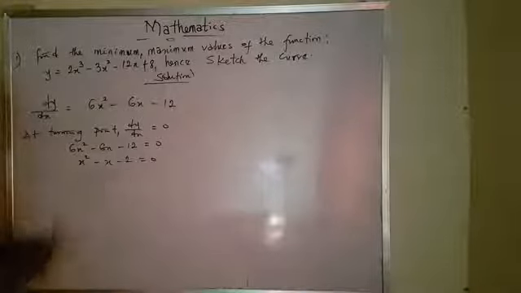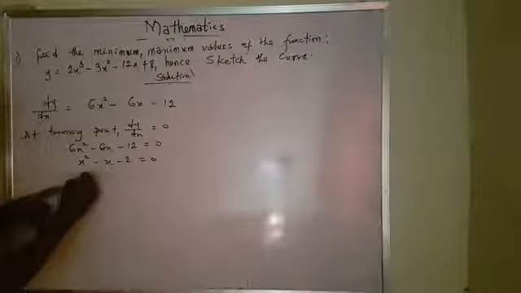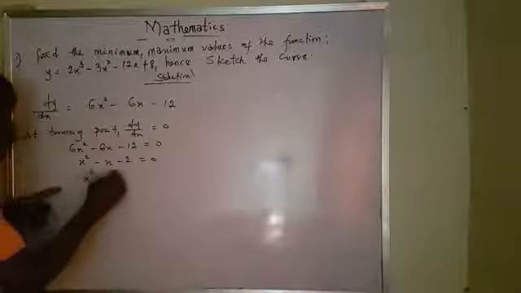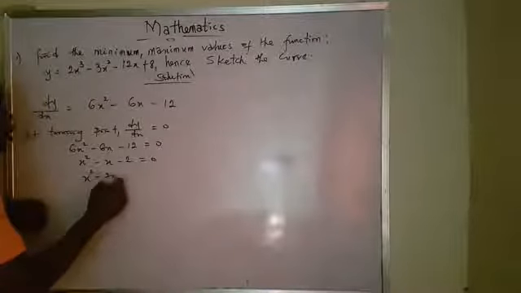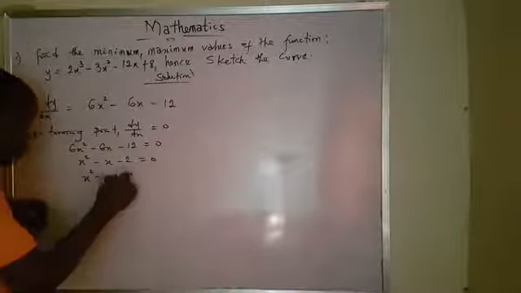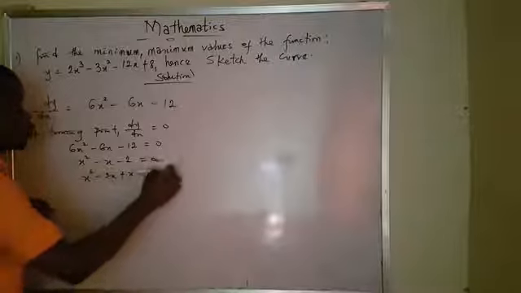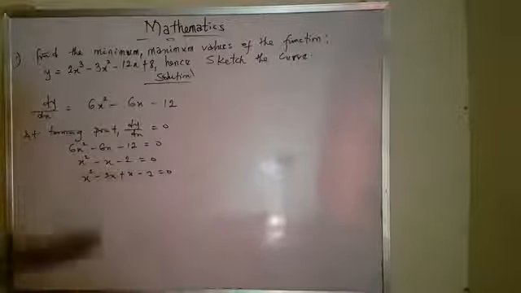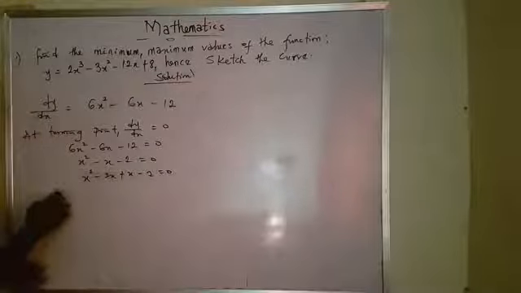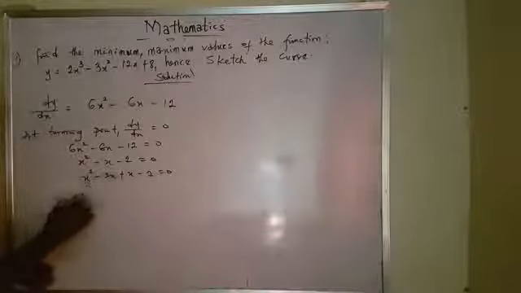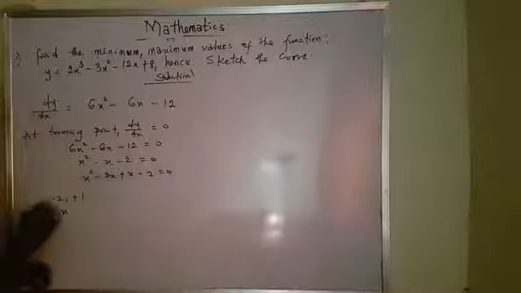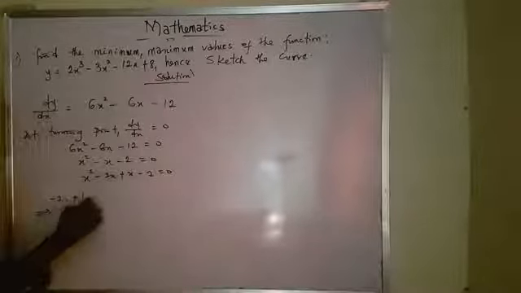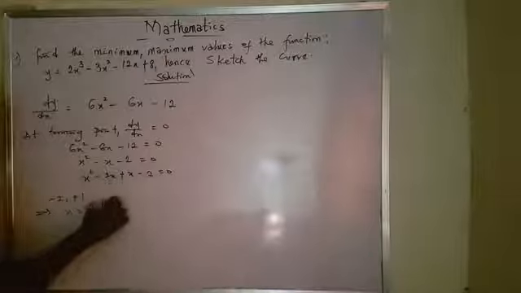I think, yeah, that will solve the problem here. So I have x squared minus 2x plus x minus 2 is equal to 0. Of course, to solve this, I have minus 2 plus 1, and that implies that my x will be equal to 2 and minus 1.